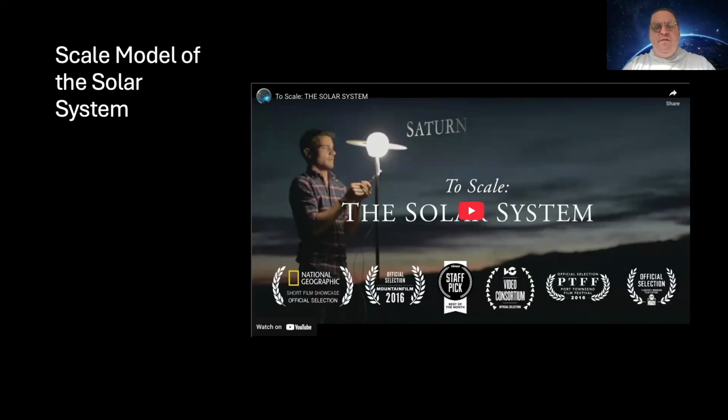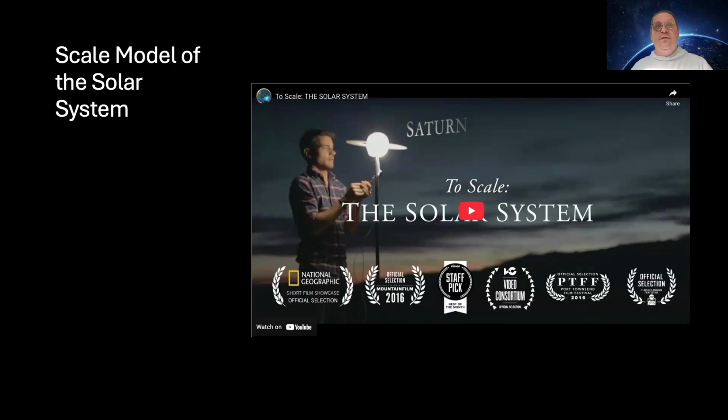It's about 8 minutes long, and effectively a group of young individuals went out to a desert in Nevada, and they created a scale model based on the size of the sun. I can't remember what size of sun they used. I think they just arbitrarily said, all right, if we have a sun that's a meter in diameter, what does the rest of the solar system look like in comparison?